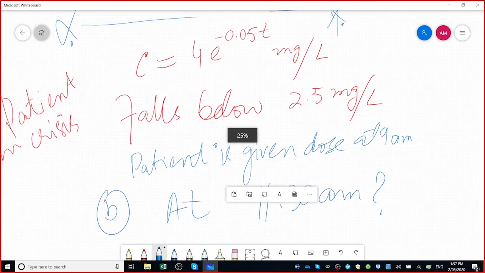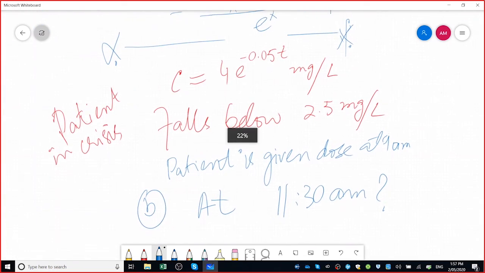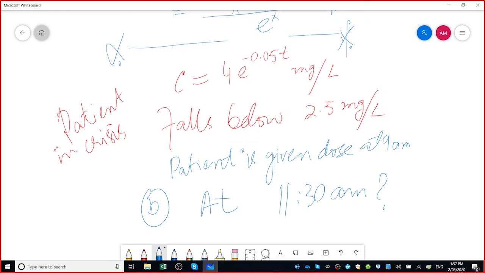If you have to look at the equation, you can look at it. What would T be? T would be 2.5, and you have to reply for the concentration. So the concentration is 3.2. Sorry, 3.53. Good, that's good.